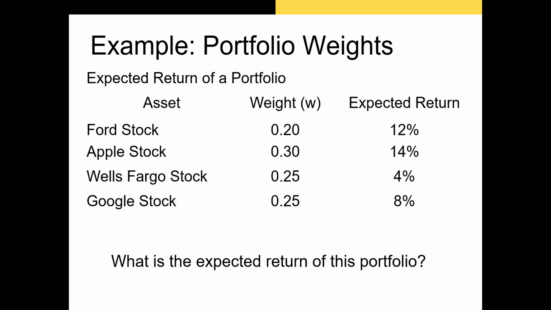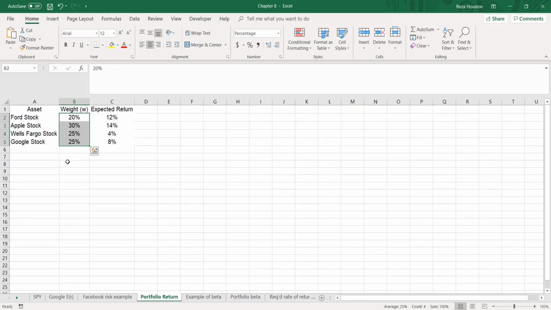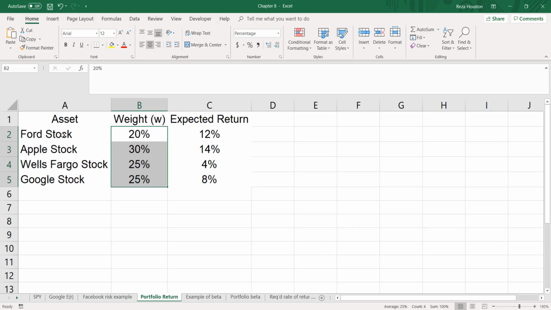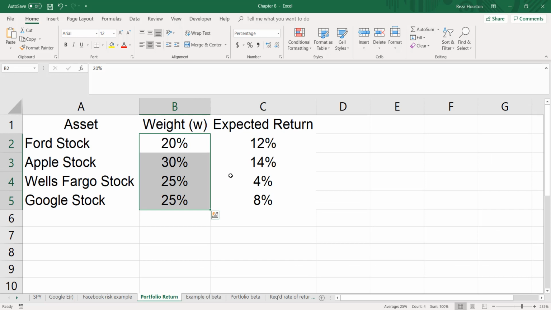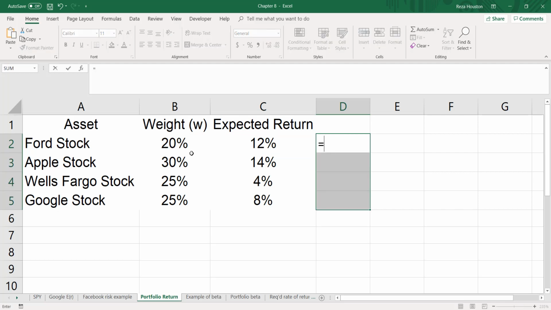Let's calculate our expected return on this overall portfolio. The way I'm going to do that is I'm going to flip over to Excel and zoom in. The way we calculate our portfolio return is very similar to the way we calculated our expected stock return. First, we're going to multiply our weight times our expected return for each case, and then we're going to sum it up. So first things first, weight of the stock, and try not to mess up the formula.